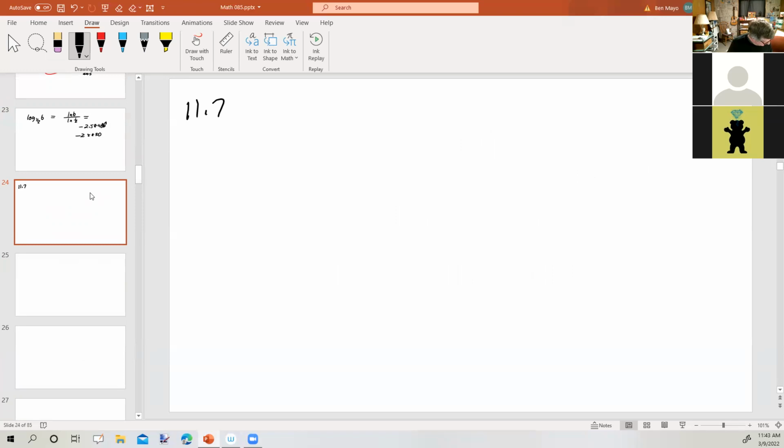This says solve each equation. And we have 6 to the x minus 2 power equals 36.